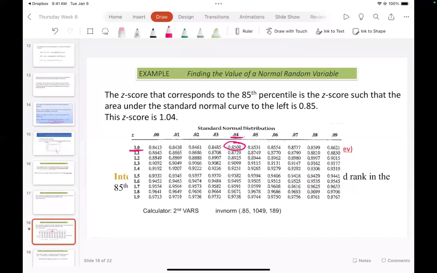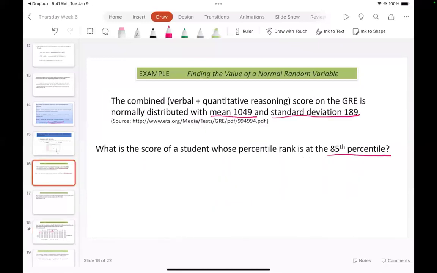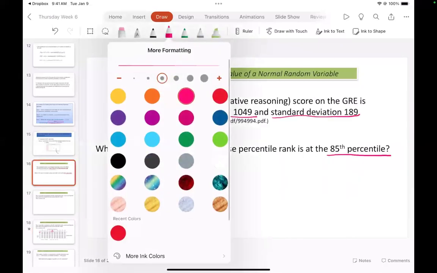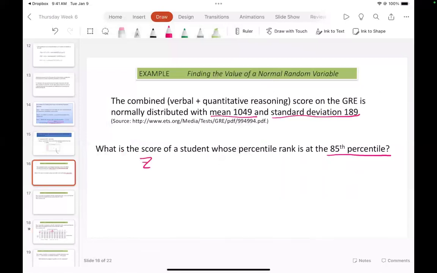Okay. So the Z-score we got is 1.04. All right, that's lovely. So you may recall we have a Z-score formula. I'm going to plug these values into that.